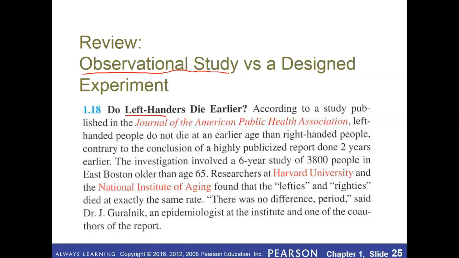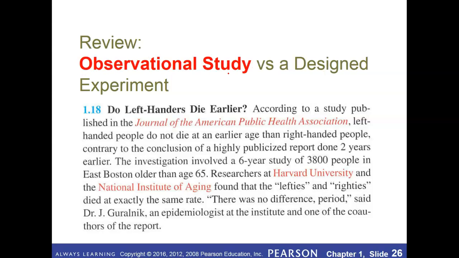So you can have an observational study where you're studying and summarizing what happens to two different groups. Here it's left-handers and right-handers. It could be male and female. It could be different races. And you're studying the effects of a certain characteristic on a particular group without it being a designed experiment. So this is an example of an observational study.